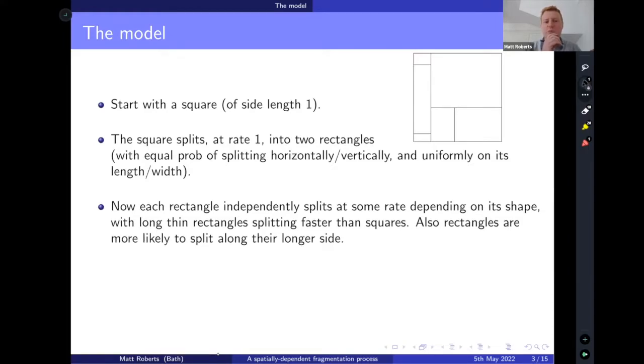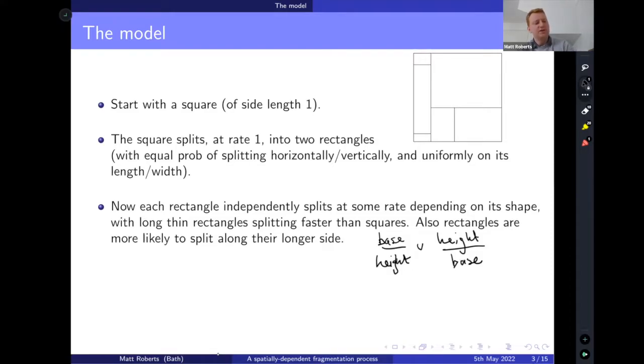We want something that's 1 when you've got a square, and something that gets large when you have a long thin rectangle. So the first thing you might think of is the ratio of the base divided by the height, or the height divided by base. But then if you think about this a little bit longer, you realize these quantities, the height and the base, are kind of behaving.